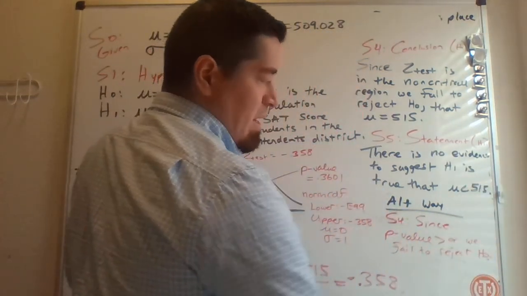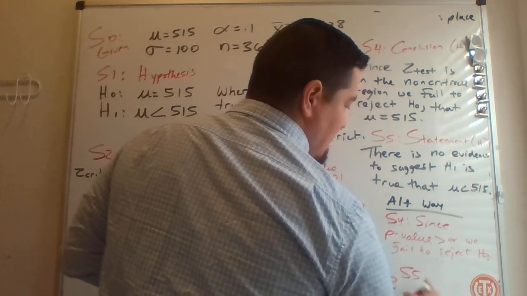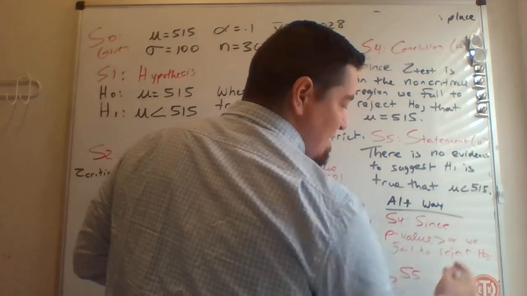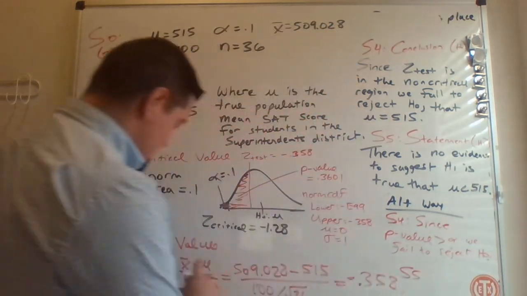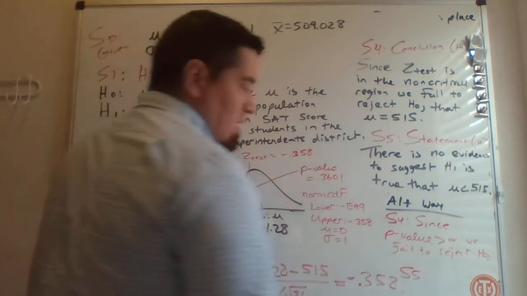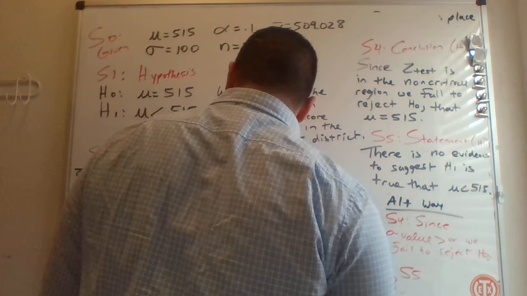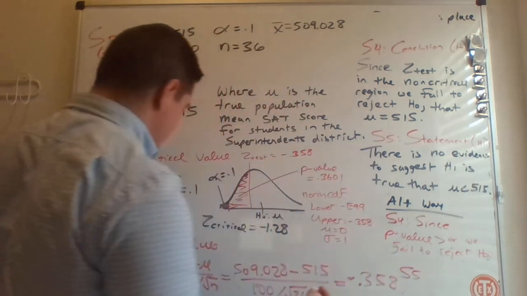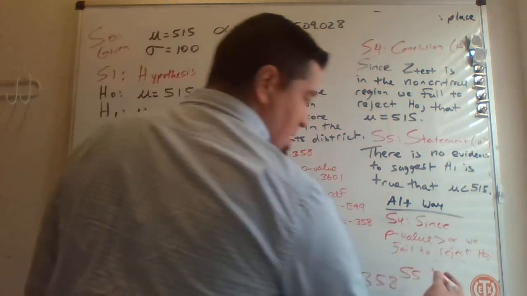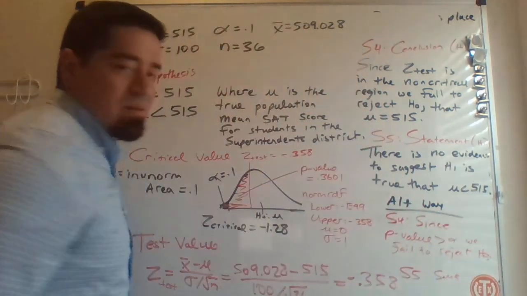And then step 5 would not change. The reasoning here is the only thing that changes, and also the fact that instead of the test value you just have the p-value there. So step 5 would be the same as up there. There's nothing different.